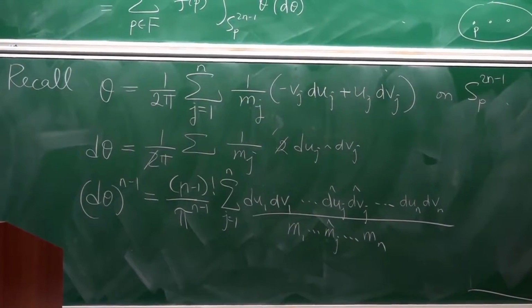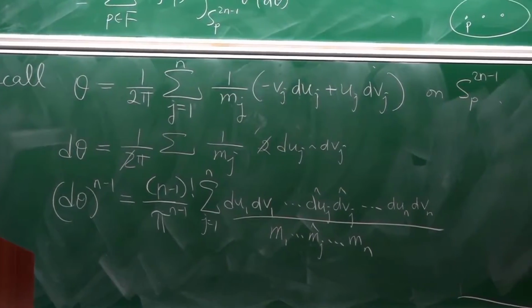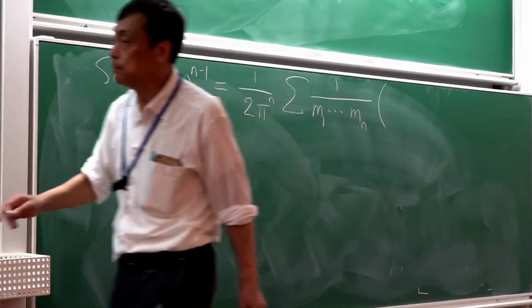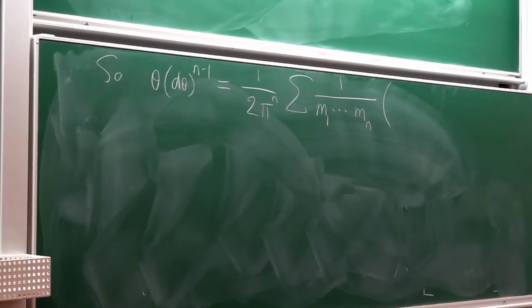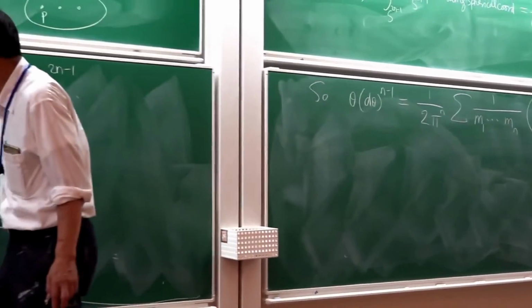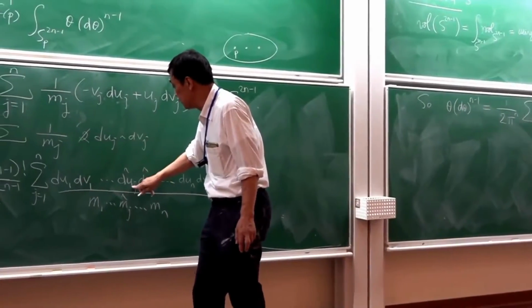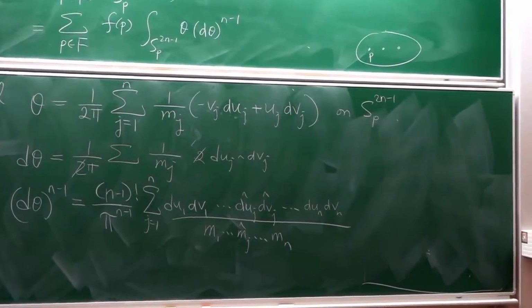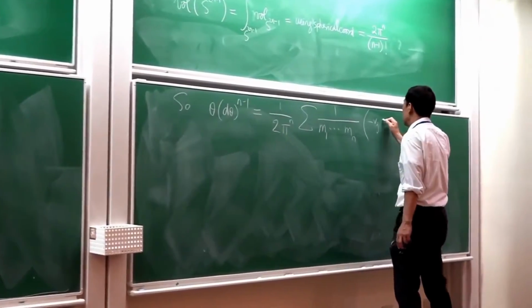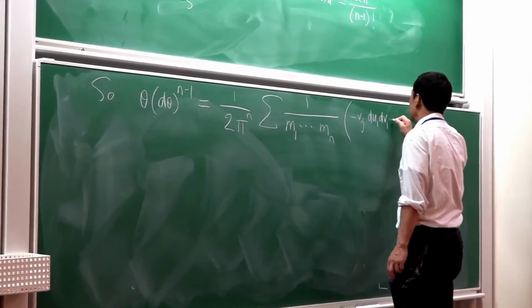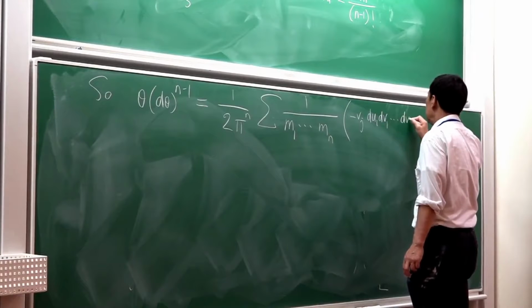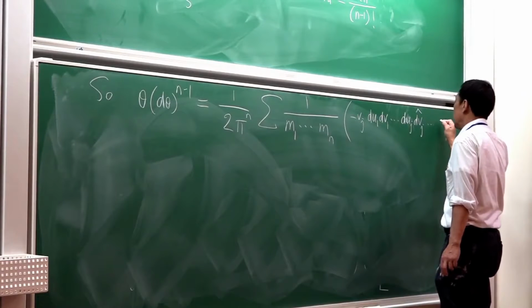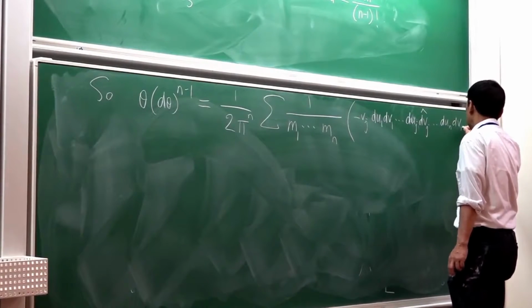So you are going to get the sum of 1 over m1 to mn, all of them, and then minus vj duj multiplied by this. duj goes there, and so dvj is missing. So you have minus vj du1 dv1, dvj is missing, and then dun dvn.